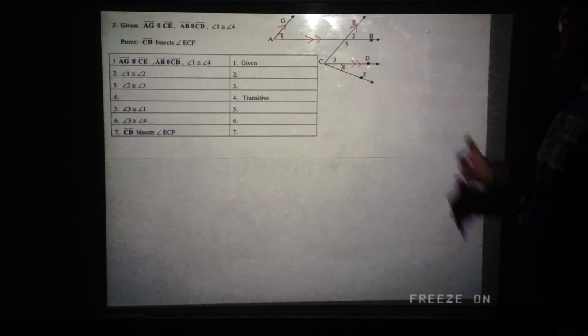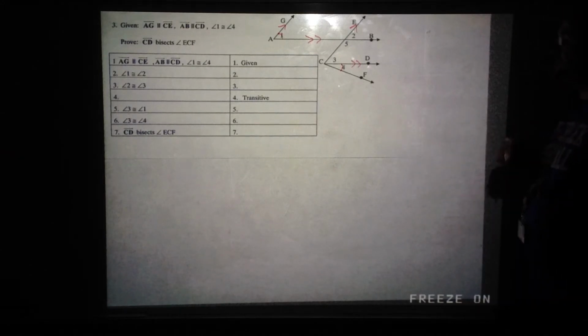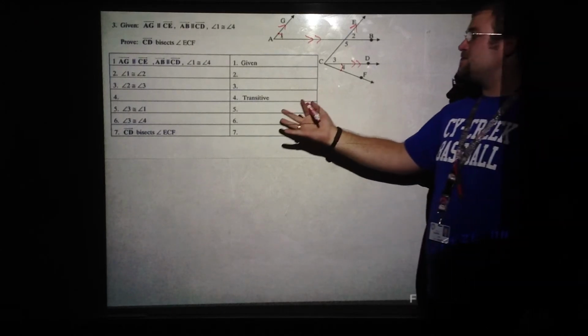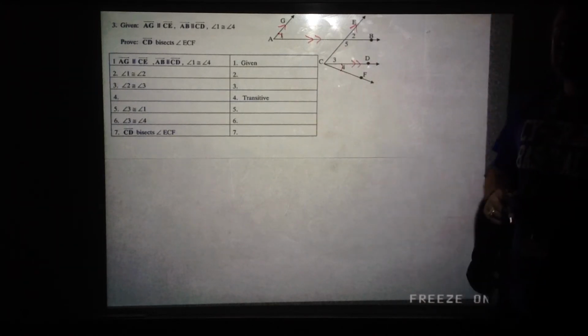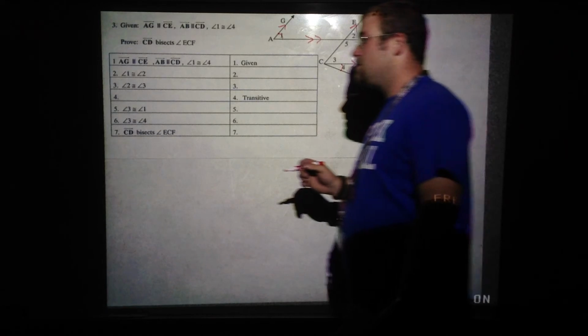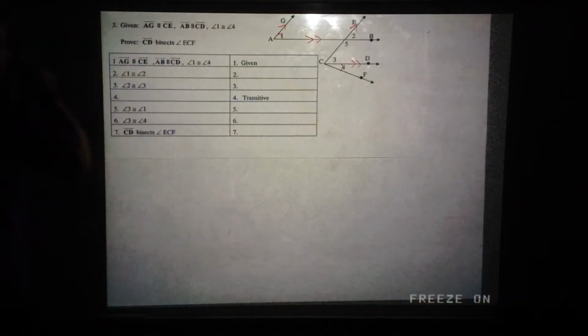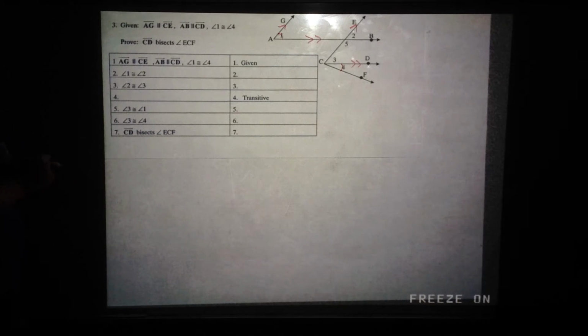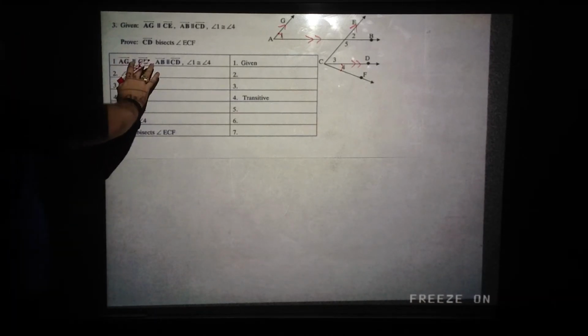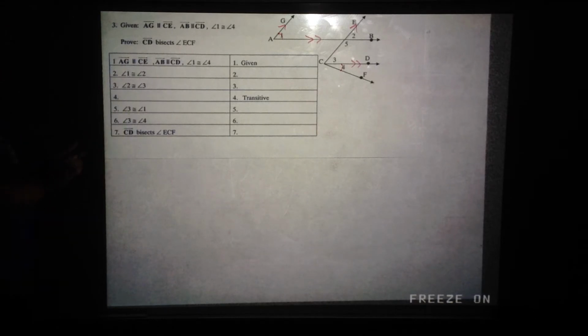So again, we're going to use a 2-column proof. This time, if you notice, at step 4, they do not give us our statement, they give us our reason. But the rest of the time, they want us to find the reason. Looking at step 1, that's what was given to us. We notice that ray AG is parallel to CE.